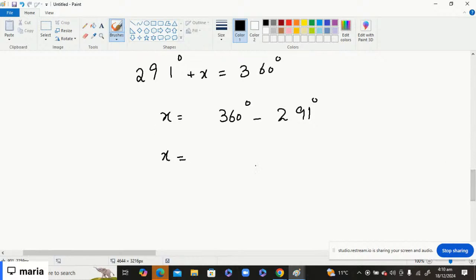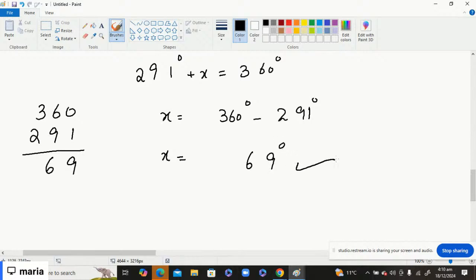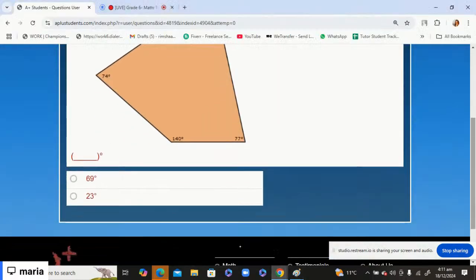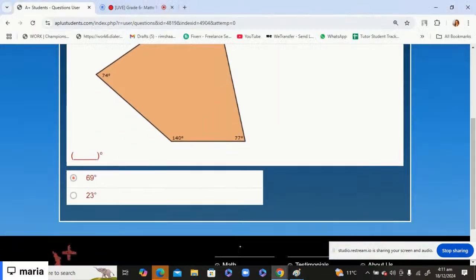So x is, 10 minus 1 is 9, then 15 minus 9 is 6, so this is 69 degrees, and 2 minus 2 is 0. So let's see the answer. Is there any 69 degrees? Yes, it's here in option A.